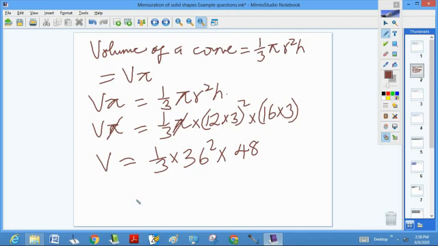So we now reduce by cancelling. 3 to itself is 1 and 3 to 48 will give us 16.